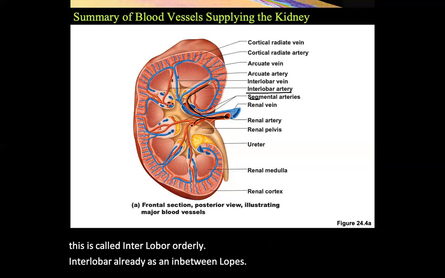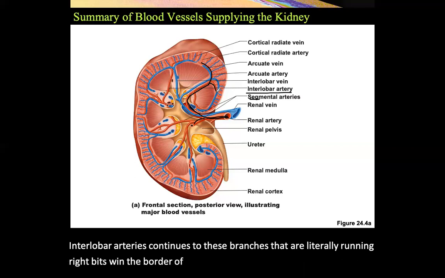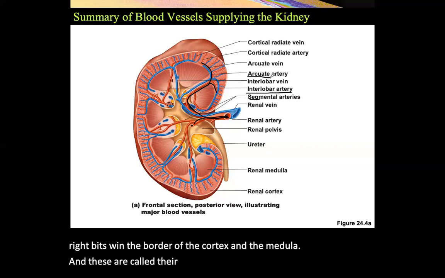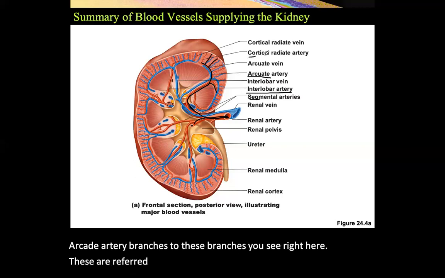Interlobar arteries continue to these branches that are literally running right between the border of the cortex and the medulla, and these are called the arcuate artery. Arcuate artery branches to these branches you see right here. These are referred to as the cortical radiate artery.